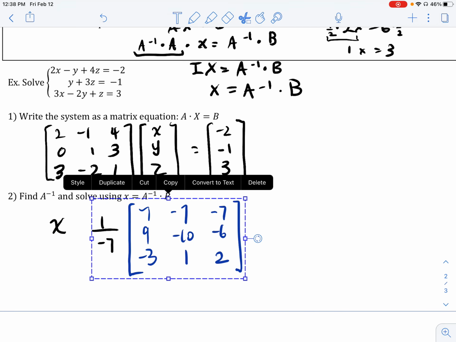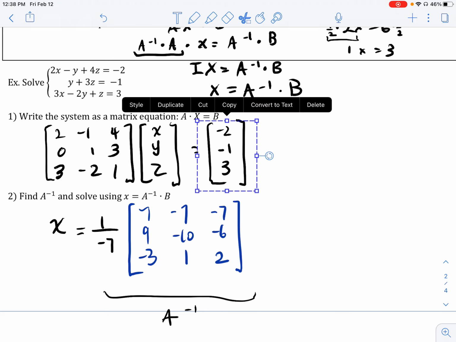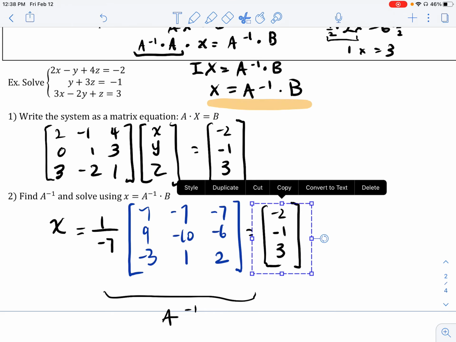I'm going to write this here. Our solution, remember, X is equal to A inverse times B. So this here is my A inverse. And now let's multiply it by B. What was my B? That is this matrix here. Okay?